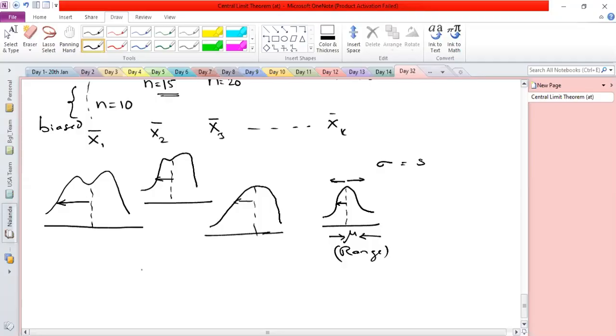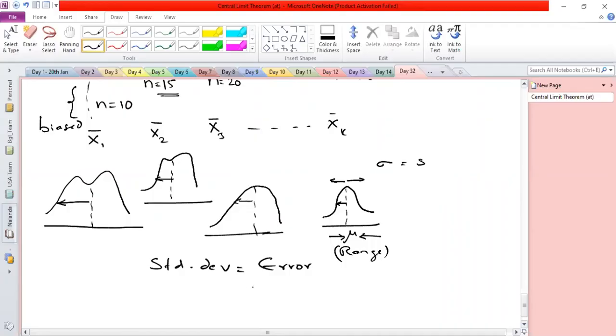In other words, standard deviation is nothing but my error, because the standard deviation is the indicator of how far my sample mean value is from my mu.